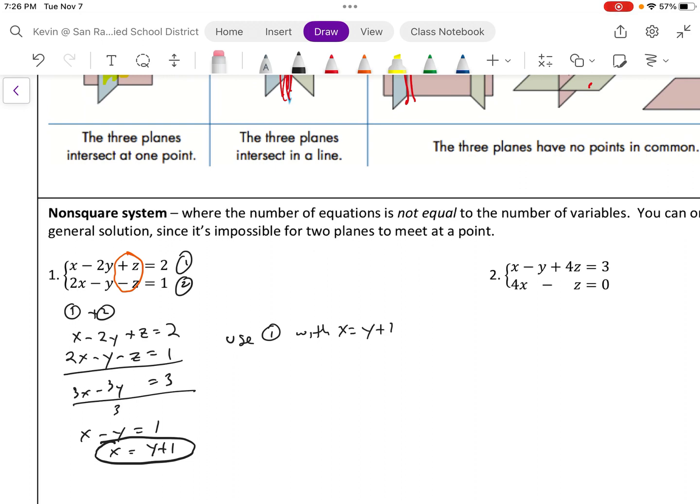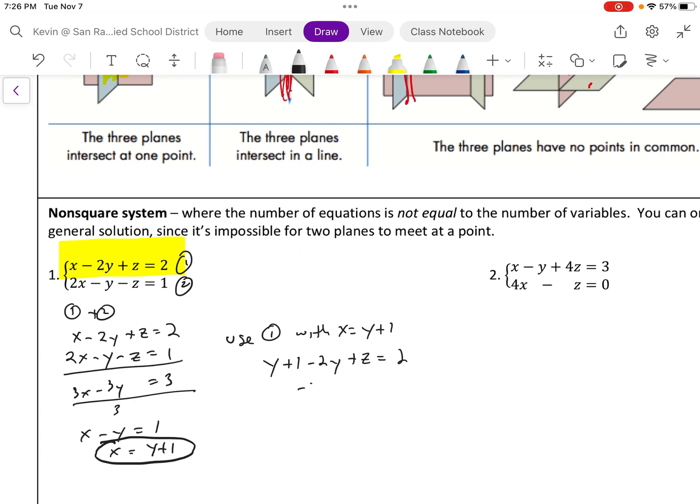So let's come back to our equation 1, and let's rewrite it so we have y plus 1 instead of x, minus 2y plus z equals 2.